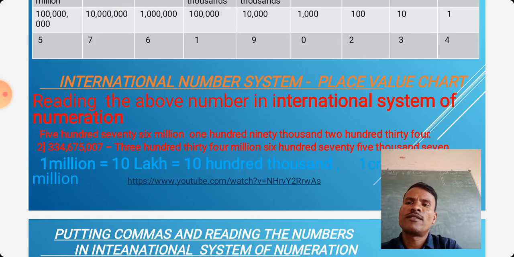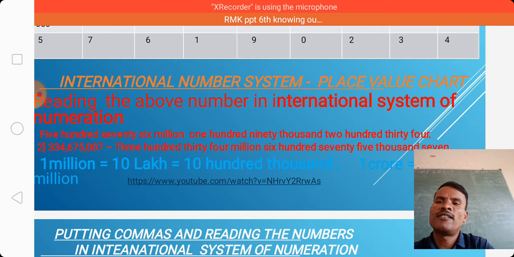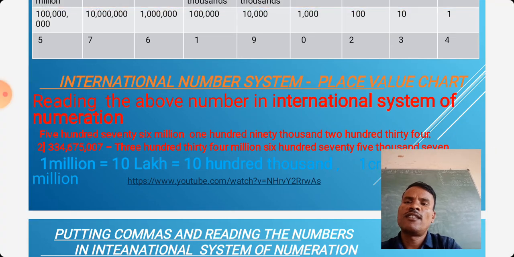This is the given number. 576 million, 190,000 and 234. This is one number in the international system. It is the way of reading.